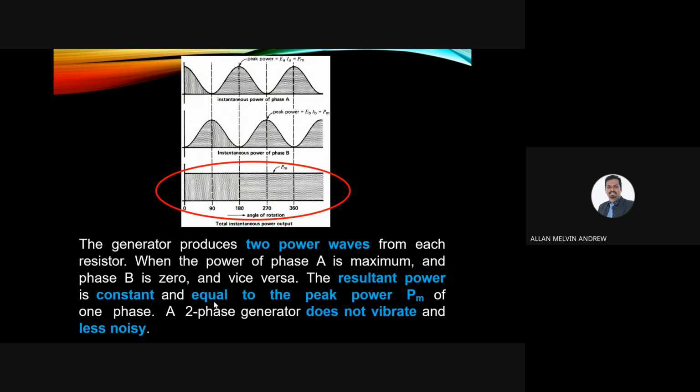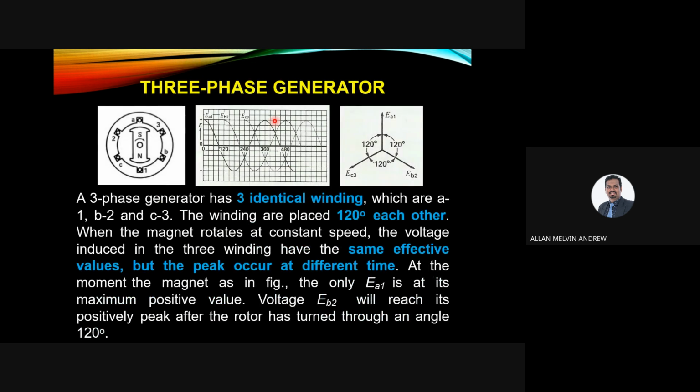Okay, so now we move to three phase. A three-phase generator is something that we always hear. Similar to earlier, for the single phase generator we saw it has only one winding, A1.